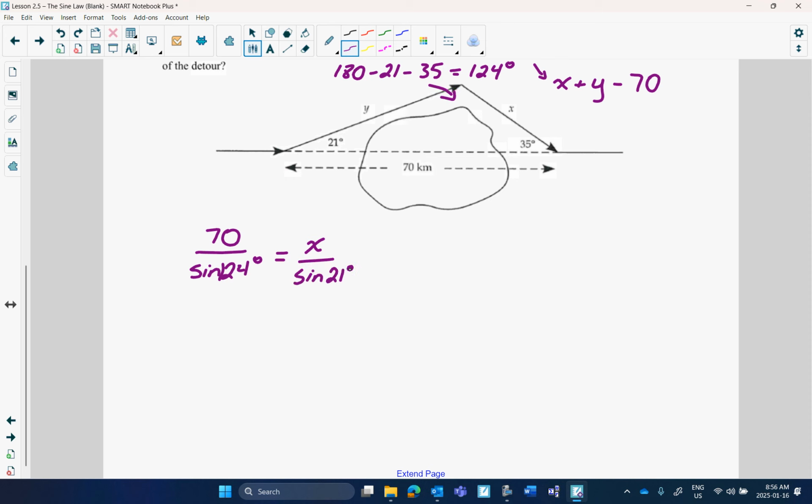And then I can go from there. I want you to finish it. Set up the equation to find Y, and then find X and Y, and then find the answer to the question we were asked.